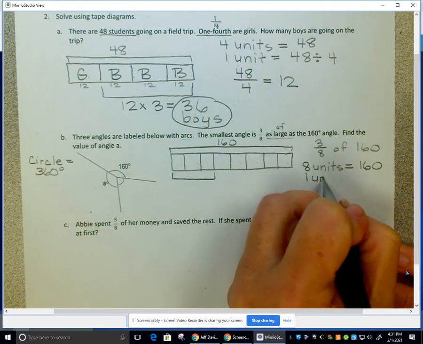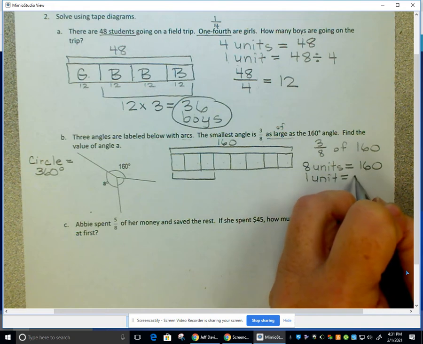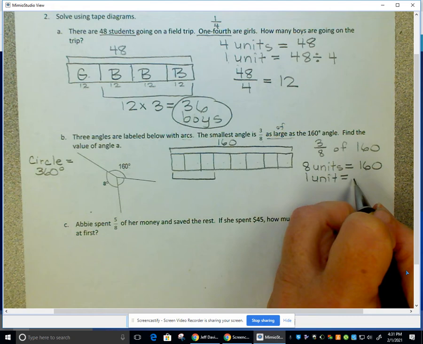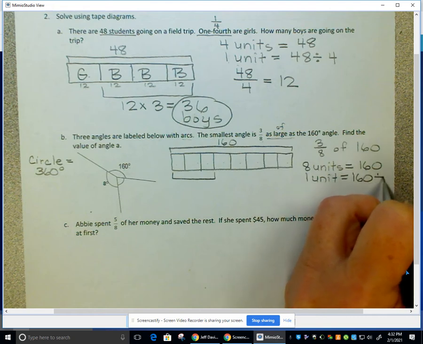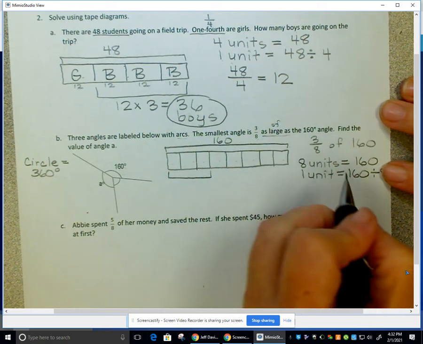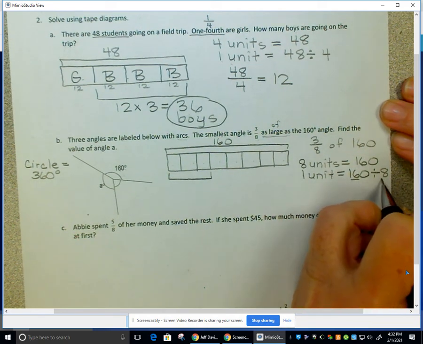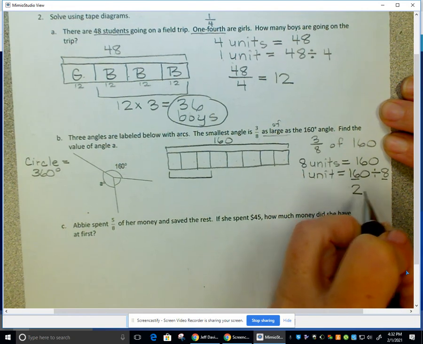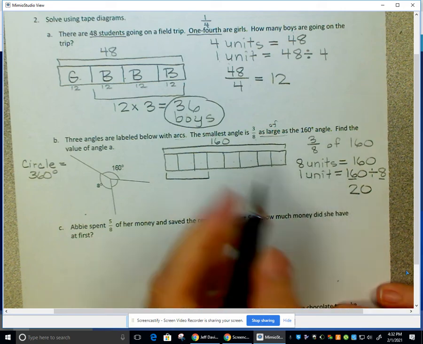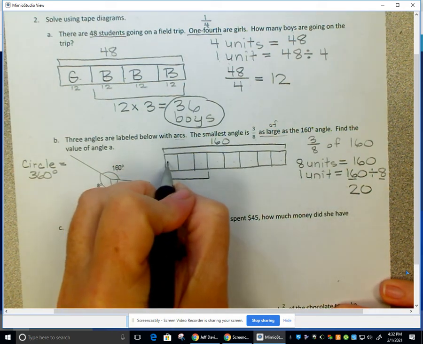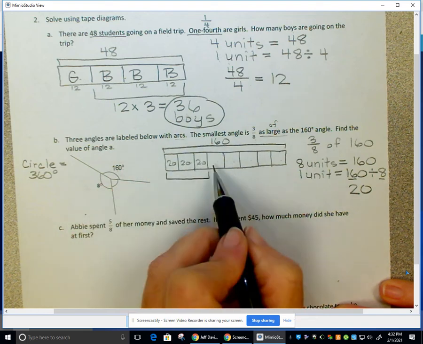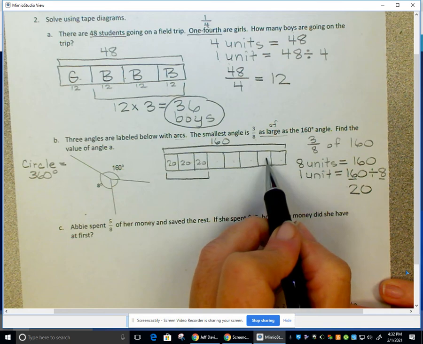So 1 unit equals 160 divided by 8. And this will be real easy because 16 divided by 8 is 2, and then just bring my 0 down. So that's 20. So 1 unit is 20. So this one is 20, this one is 20, and all of these will be 20, 20, 20, 20, 20, right?